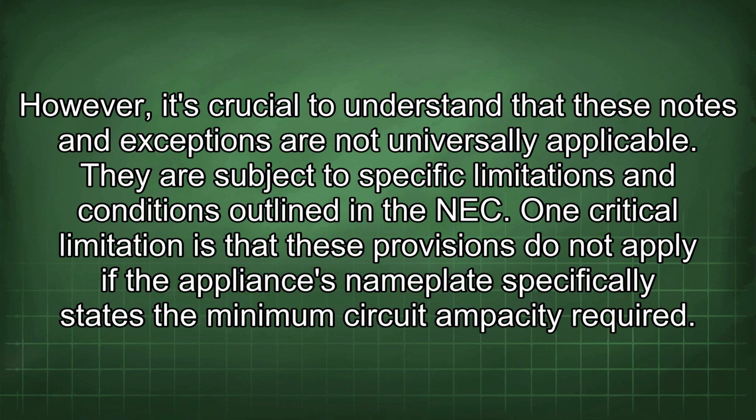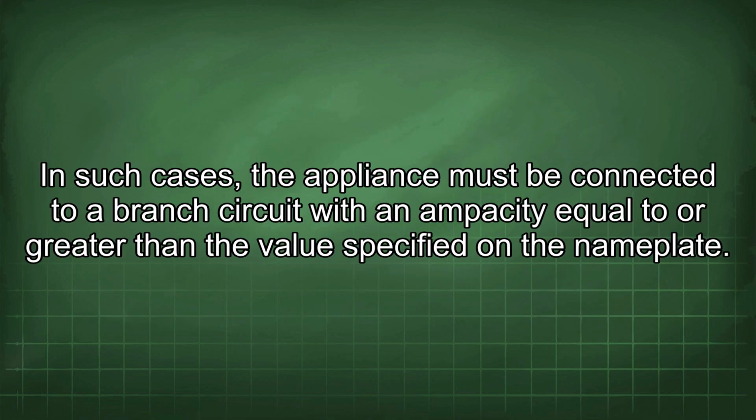They are subject to specific limitations and conditions outlined in the NEC. One critical limitation is that these provisions do not apply if the appliance's nameplate specifically states the minimum circuit ampacity required. In such cases, the appliance must be connected to a branch circuit with an ampacity equal to or greater than the value specified in the nameplate.